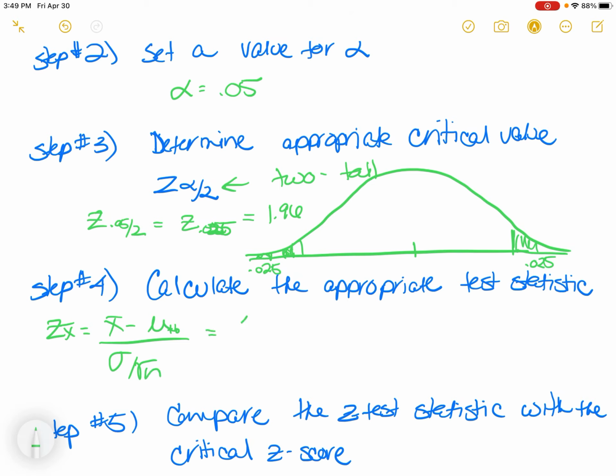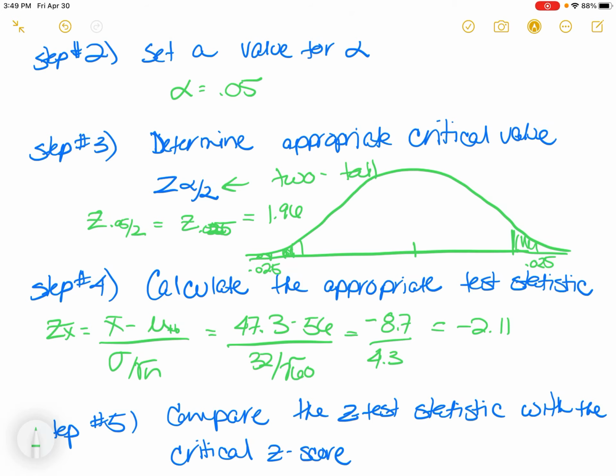So that's going to give us 47.3 minus our 56 divided by our 32 divided by the square root of 60, which gives us negative 8.7 divided by 4.3. And that gives us a negative 2.11 in terms of our appropriate test statistic.